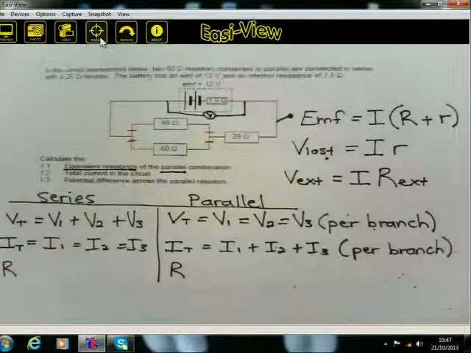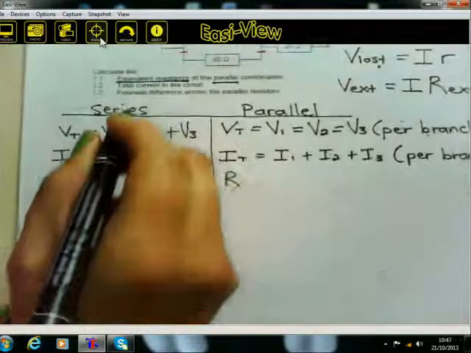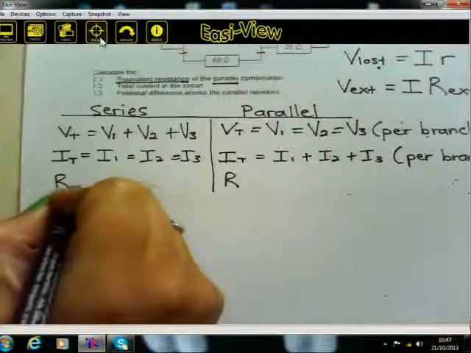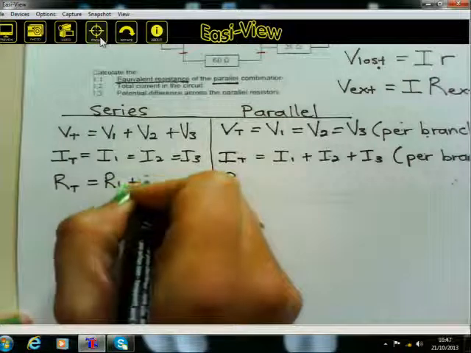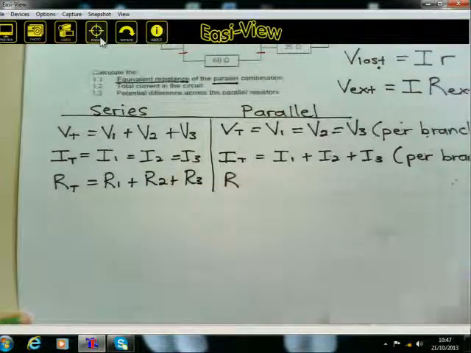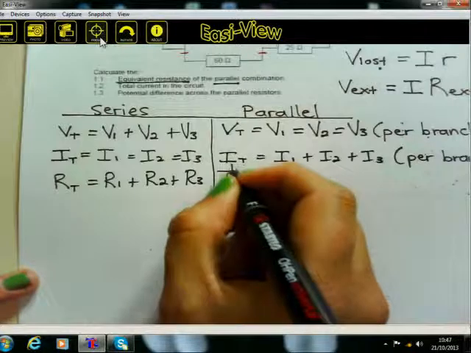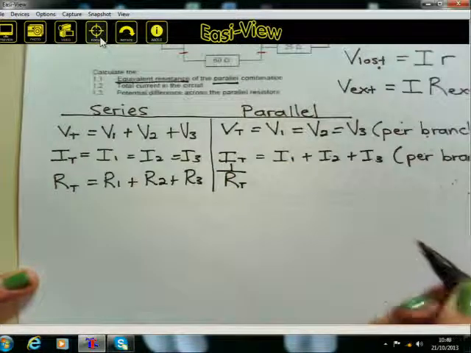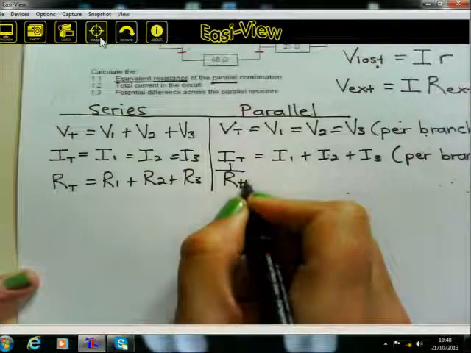Okay, now for R in a series circuit, we'll do R total equals R1 plus R2 plus R3. And then for parallel, you're going to put 1 over R total, or this can become R parallel.